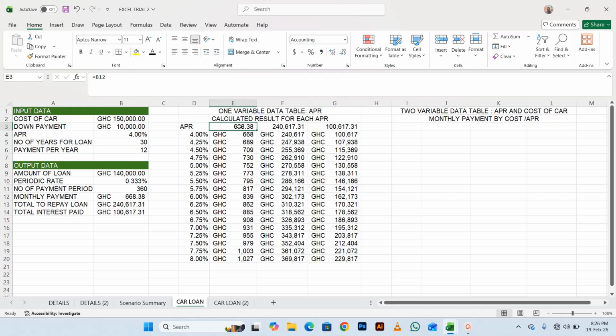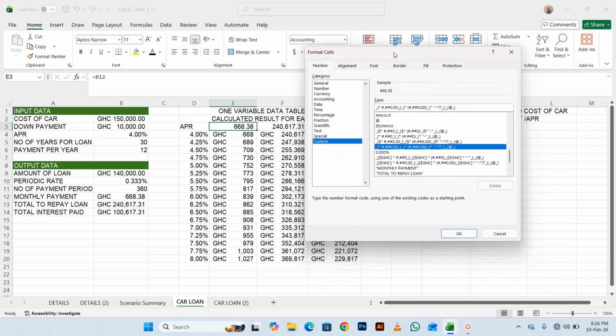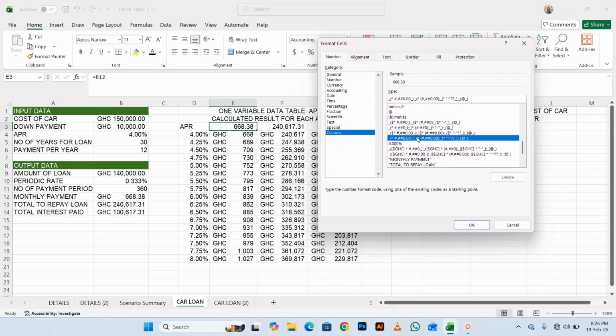And to do that, we need to customize this one. So formatting this cell, we click this one, and then you go to Custom. Here, you edit everything, delete the type bar contents, bring the quotation marks, and type the first one: Monthly payment.